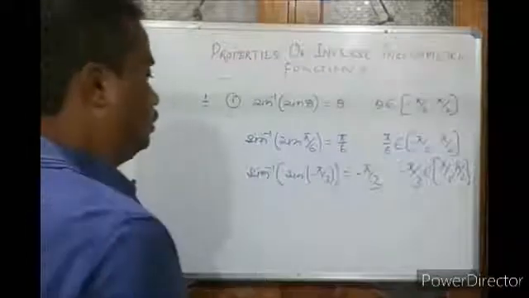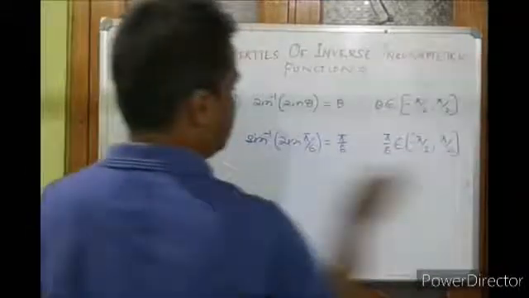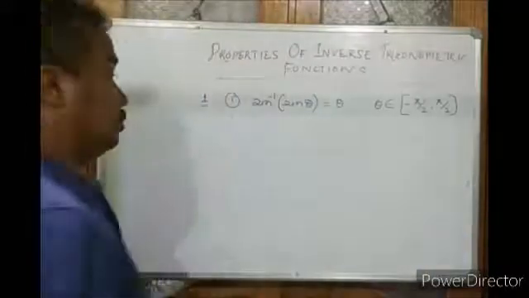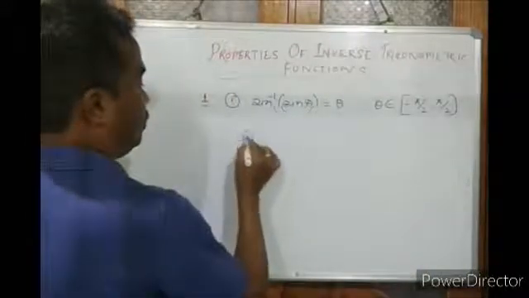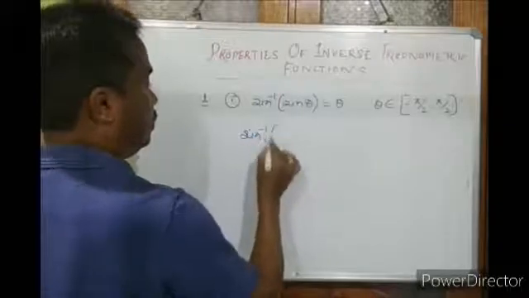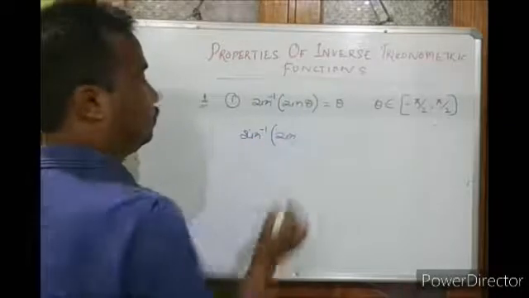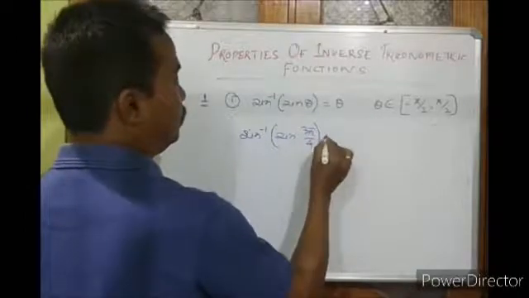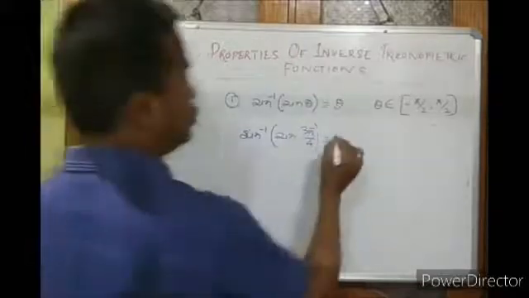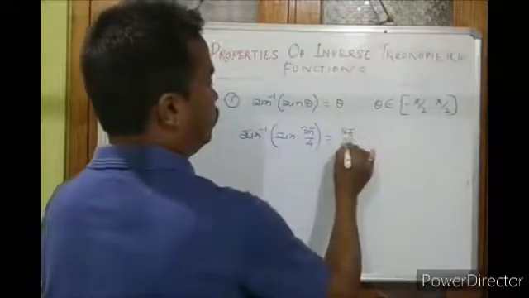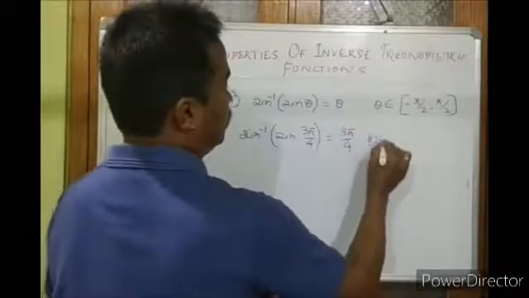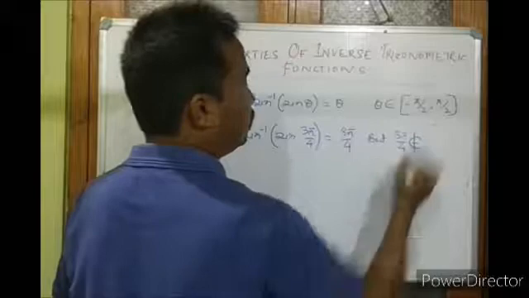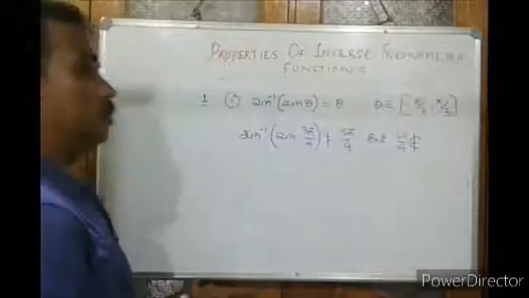Now this will happen when theta is inside this interval. If it is not inside this interval, suppose sine inverse sine of 3 pi by 4 equals, according to this formula, this should be 3 pi by 4, but 3 pi by 4 does not belong to this interval, so it is not equal.